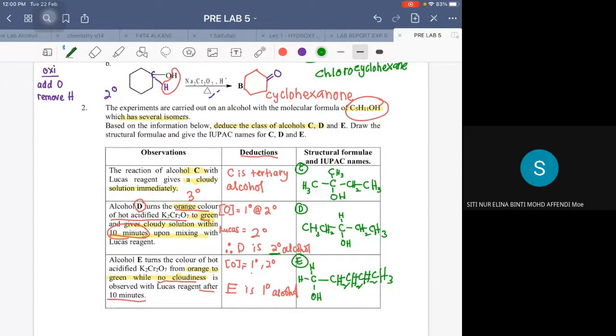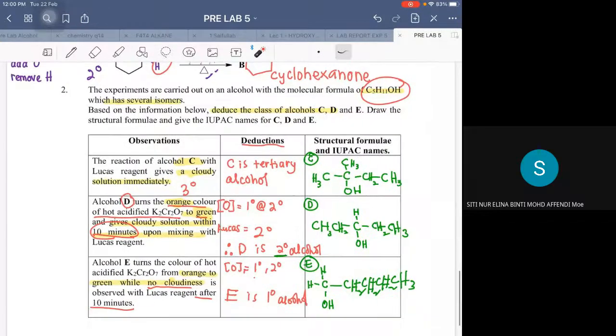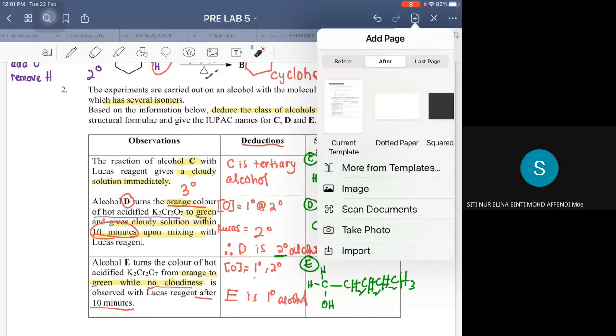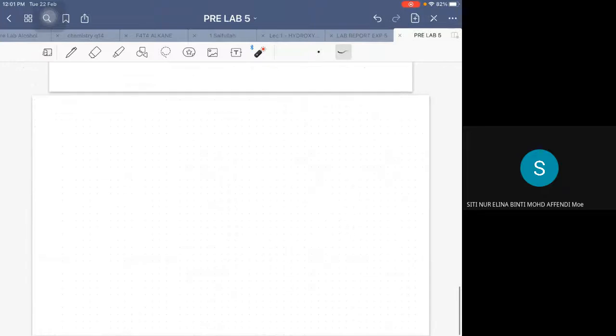Tengok macam mana sebenarnya kita buat classification of carbon. Actually kita masuk dalam lab, kita buat macam ni lah, antara Lucas dengan oxidation. Kita buat 2 sekali. Lepas tu unknown tu kita tengok lah apa ciri setiap unknown tu. Kita buat observation. Observation bagi Lucas dan observation bagi oxidation. So apa yang kita boleh buat conclusion? Okay. Number 1, class of alcohol.